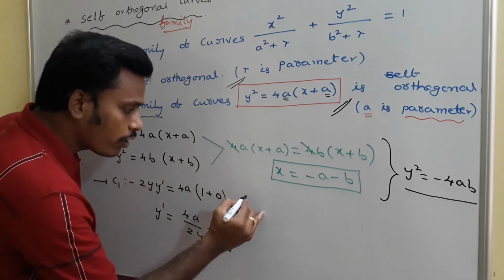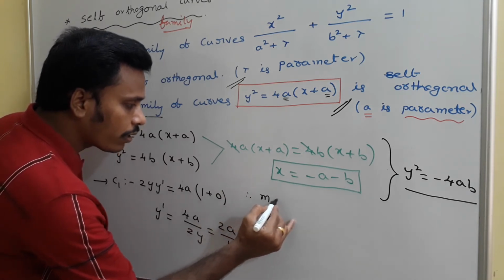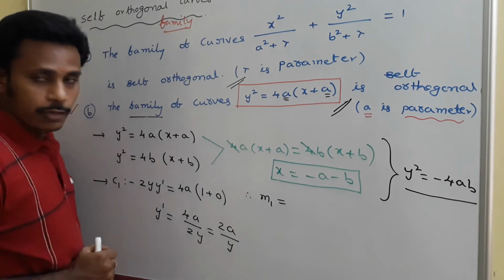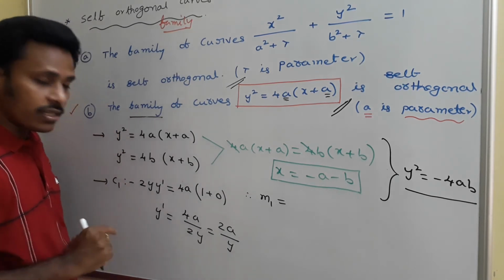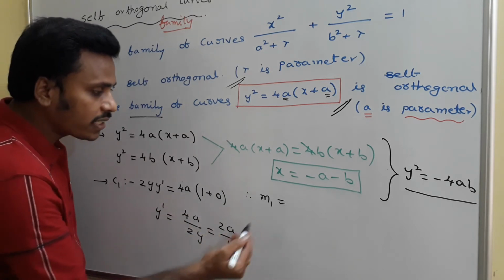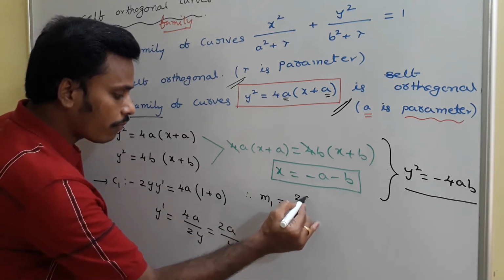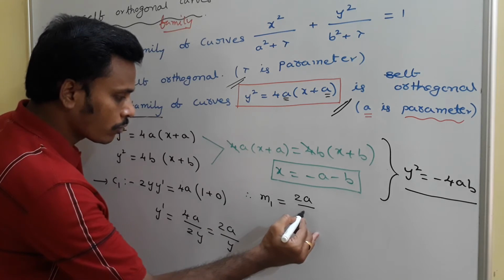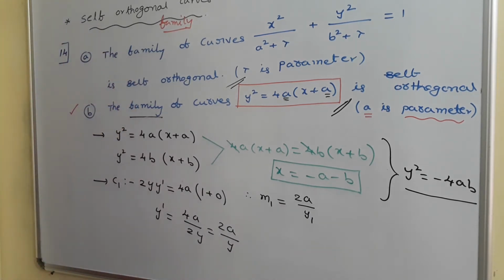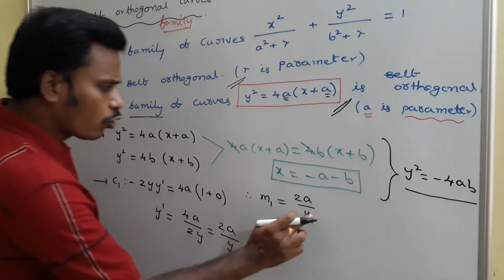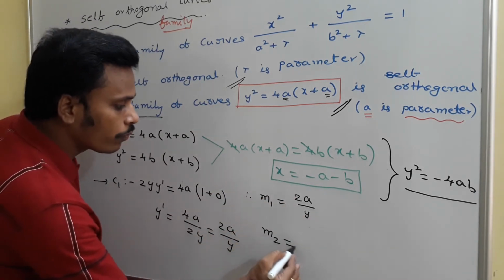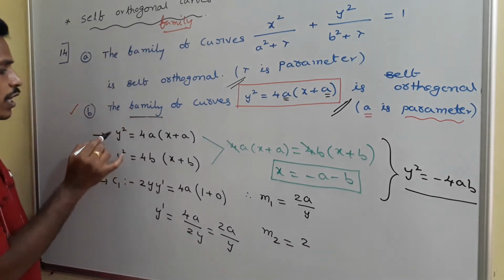Since y dash is 2a by y, therefore m1, the slope of the tangent for the first curve at the intersecting point, is 2a by y. You just keep it like that. And then what about m2? See, the curve equations are similar.